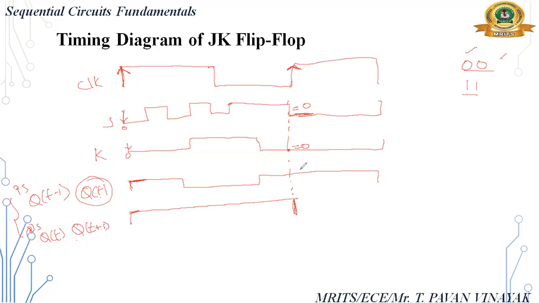So don't consider this one as the previous state now, because the flip-flop is already on. The initial condition has already executed, so you have to consider the previous state as this one now. So it is 1. Suppose here there is 0.